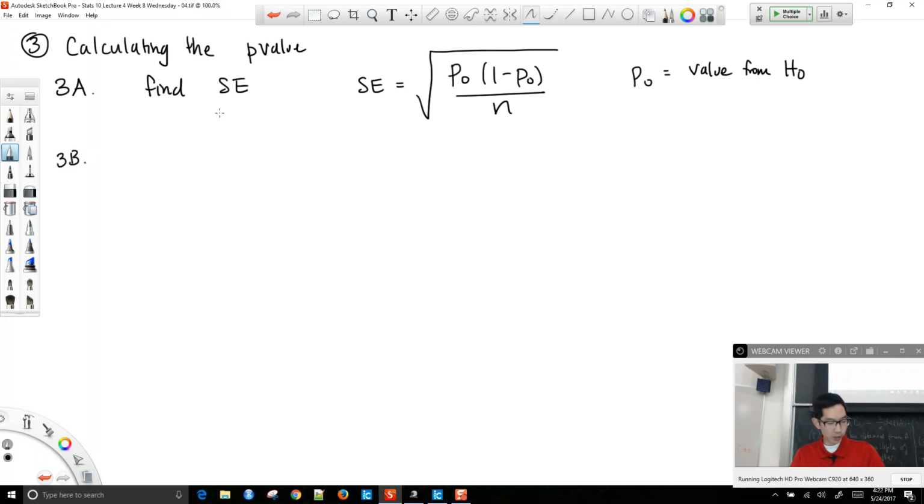Once you find your standard error, the next part will be get your z-score. The z-score is in the form of what we observed minus what we expected, kind of our reality versus expectation, divided by the standard error. In this case, what we observed is p hat. What did we expect to see under our assumptions?